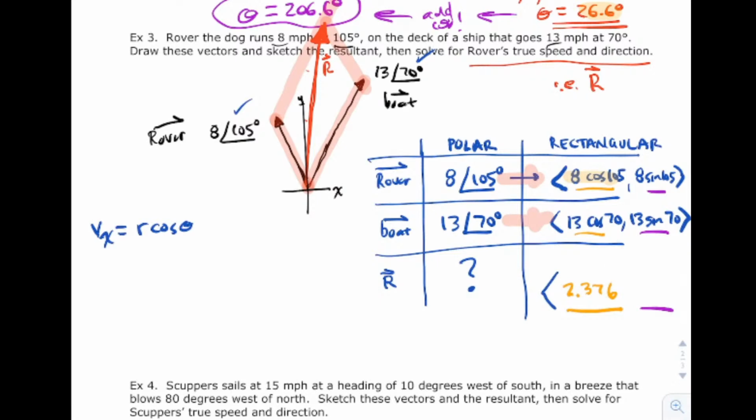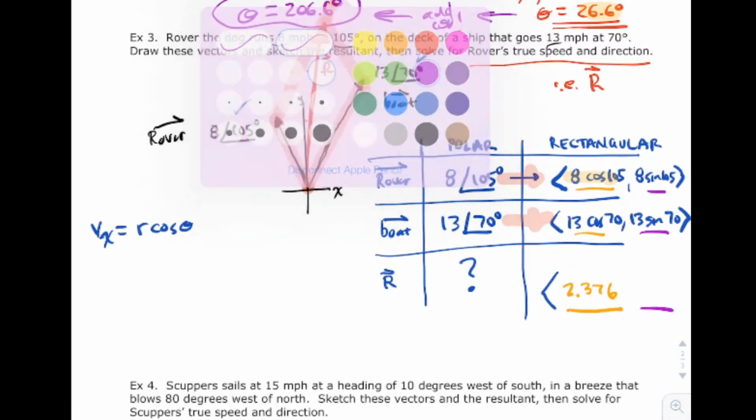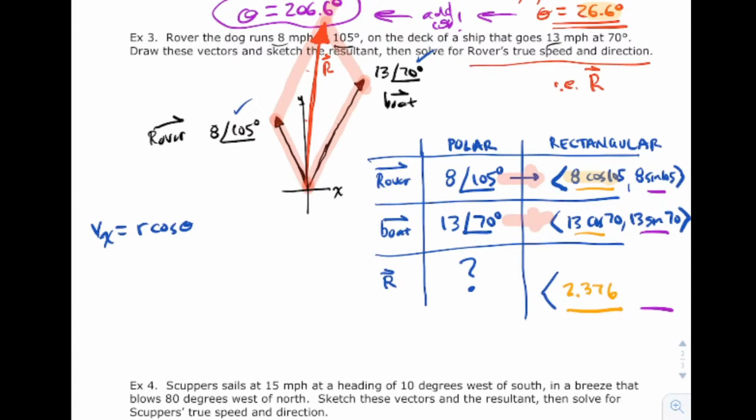Meanwhile, I'm going to add up the y components. I hit 8, sine button, 105. Notice you have to close the parentheses. Plus 13, sine of 70, close parentheses, equals. And I'm getting a y component of, if I go 3 decimal places, 19.943.